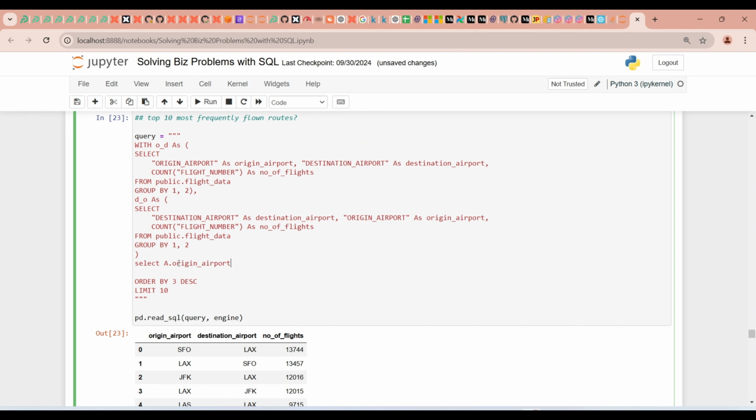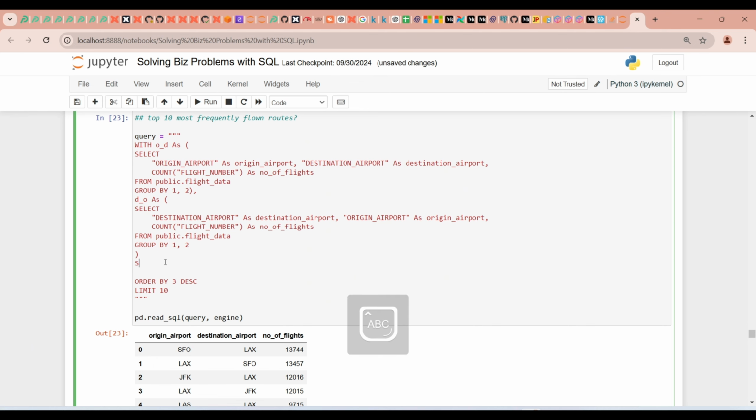I'll pick it from one of the two, it's totally fine. We'll have to do a full join, because origin to destination, there might be a route that has origin to destination and might not have a corresponding destination to origin, right? So you have to be careful how we join this before I start selecting it.